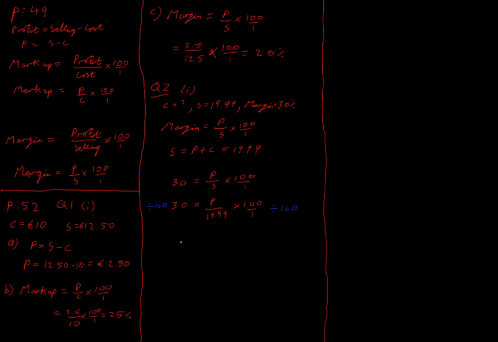So I'm going to have 0.3 is equal to P all over 19.99. And now I want to get P by itself. So when I do that, I multiply both sides by 19.99 to get P by itself.